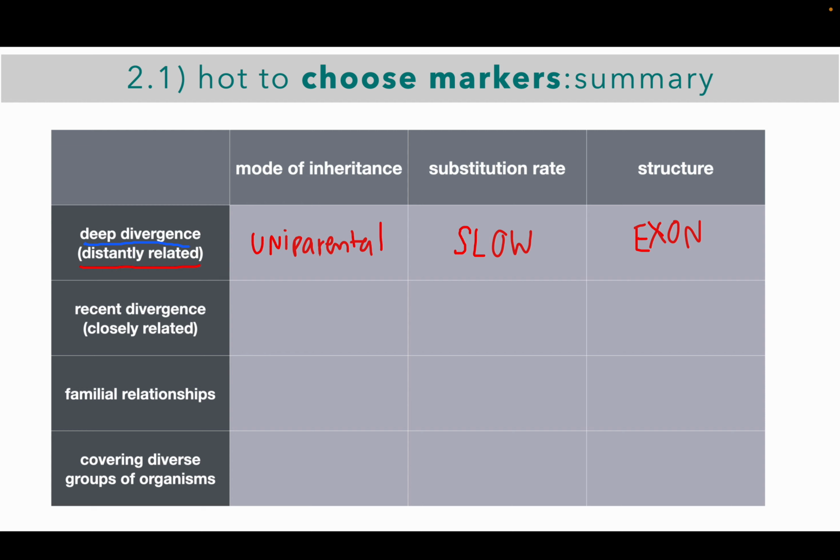But on the opposite hand, if you want something recent divergent, something that just split up from each other, you want the evolution rate to be fast, and this probably goes to intron or spacer, and possibly you want a biparental marker.